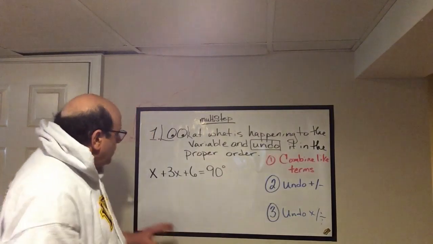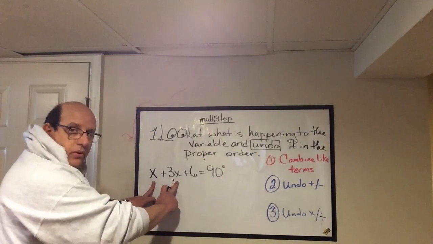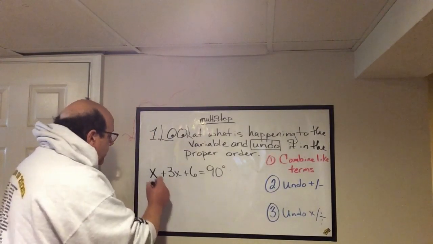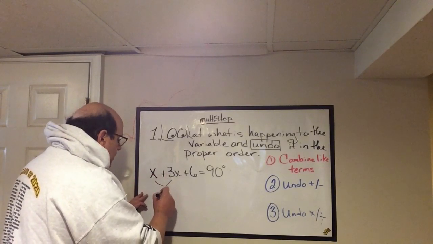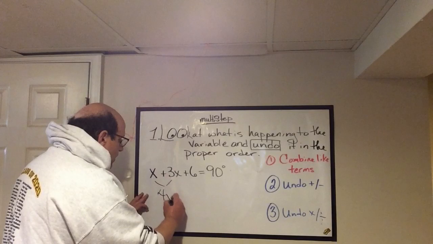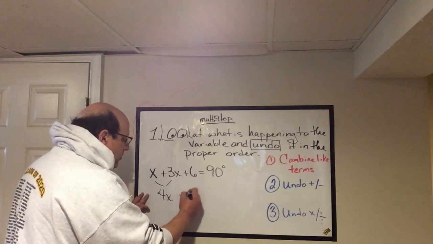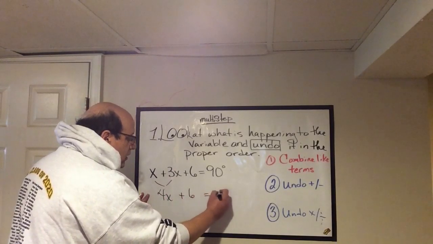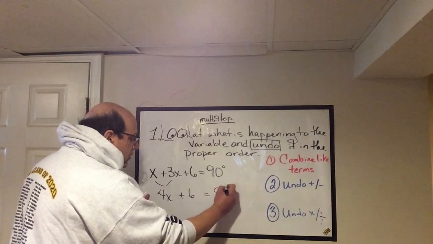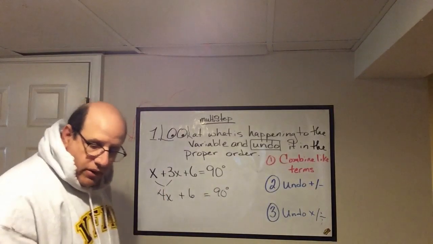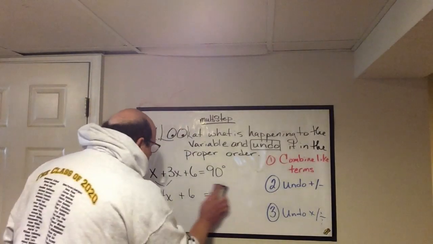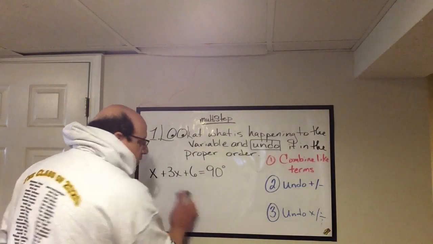The first step is if there are multiple variable terms, I want to put them together somehow. And so x plus 3x is 4x plus 6 equals 90 degrees. Well, okay, now I'm set. I'm actually in a very good spot. I'm going to move it up just a little bit to give myself enough room.